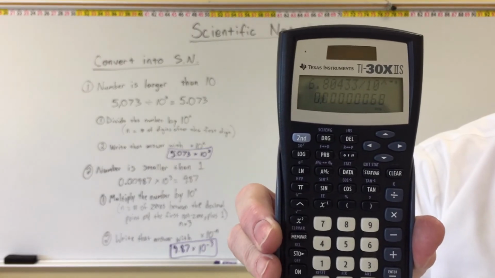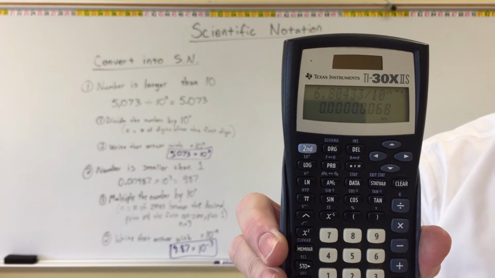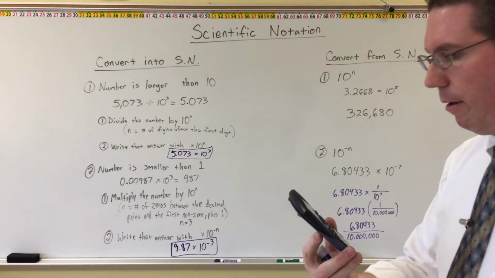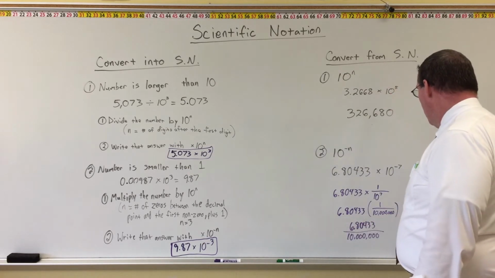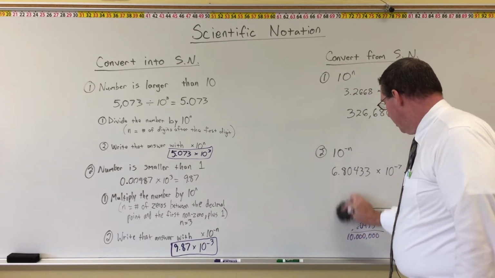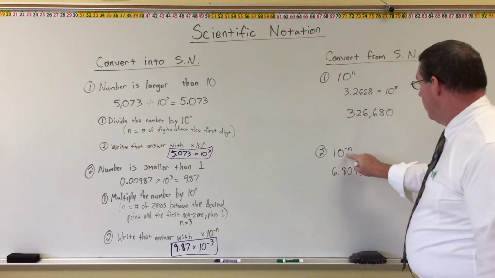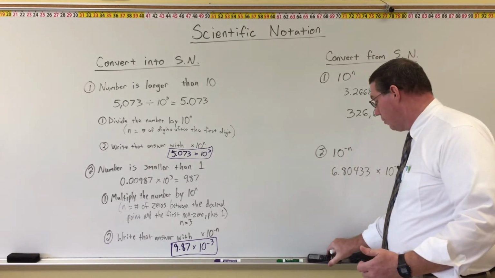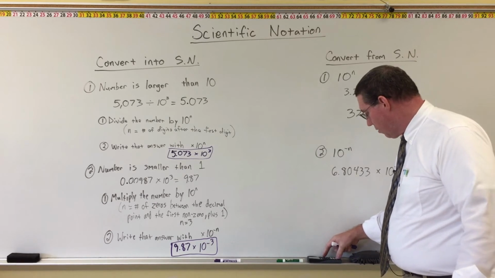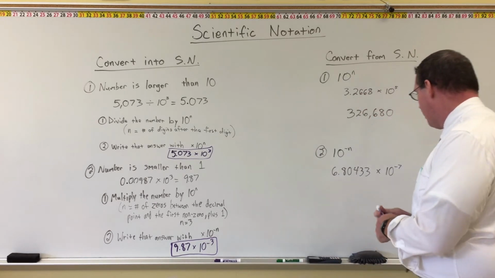All it gives me is 0.0000068. Okay, I don't know if I got the right number of zeros in there. So I'm going to show you what you really need to do to be able to do one of these. I wanted to show you that the calculator doesn't always give you the whole answer, but you still have to be able to give the whole answer.